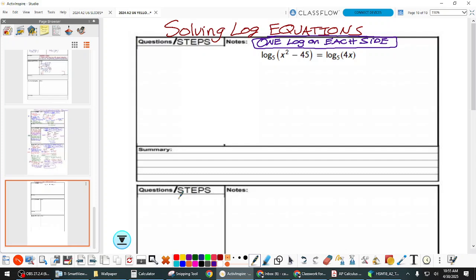Okay. So this one you should know how to solve. I just need to remind you that you have to check for an extraneous solution. But how would you solve it when there's only 1 log on both sides? In this case, they have the same base.